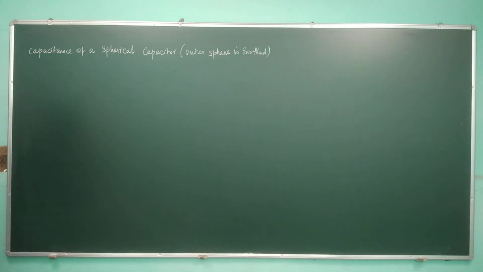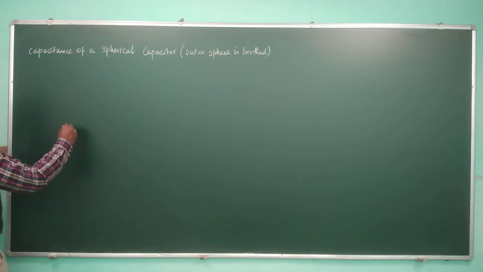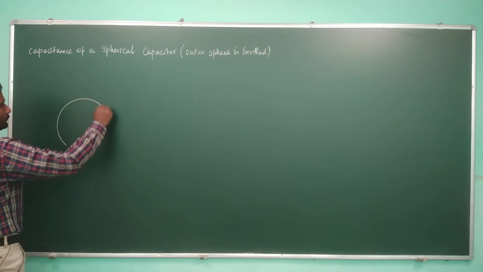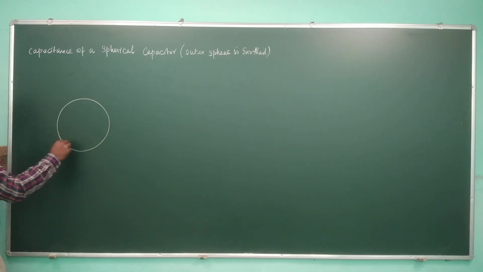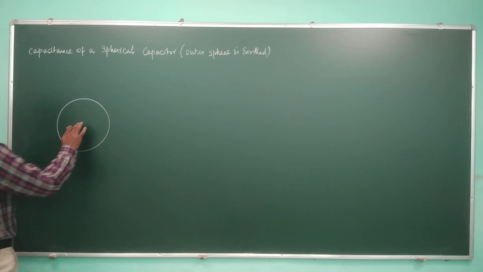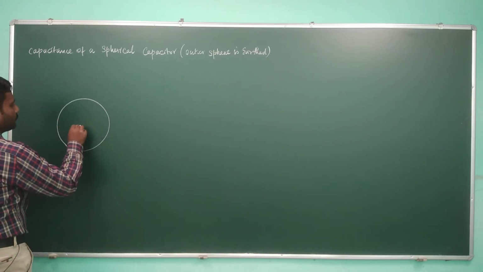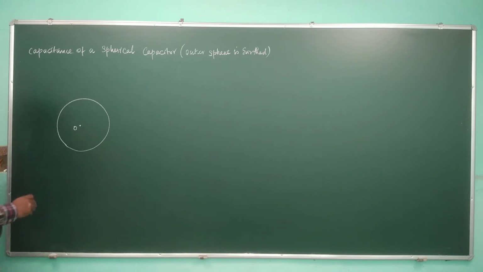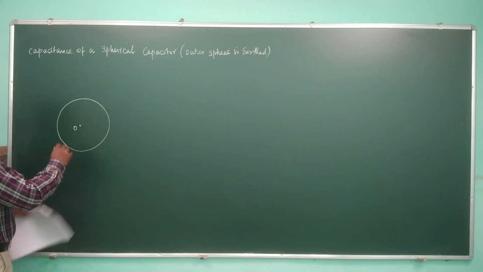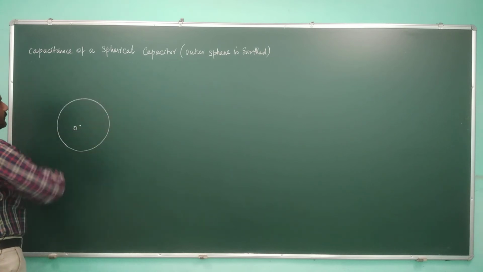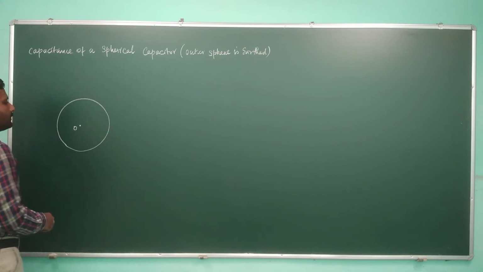For this purpose, let us consider the situation where there is one spherical capacitor which has a center O, and let us consider another sphere whose center is also O, located outside of the first sphere.